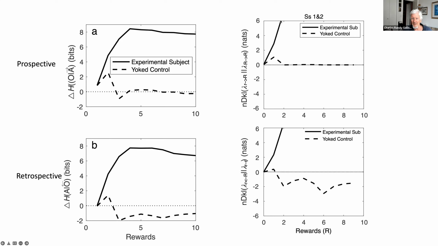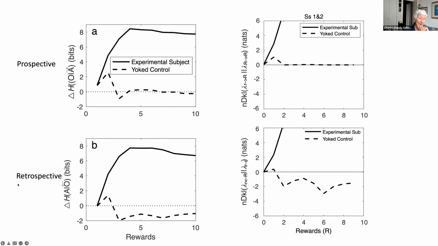So this is at 6 after the second or third reward for this subject, the prospective, whereas the evidence for the yoked subject is very weak.